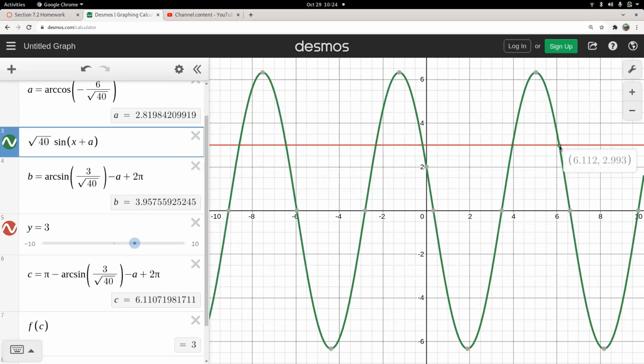So it is in, let's see, oh, that's the other one, this one, 3.9 something. So again, Desmos is not able to calculate that. It's a little too hard for it, but that's about where I'm pointing. Yeah, that looks good, 3.96.